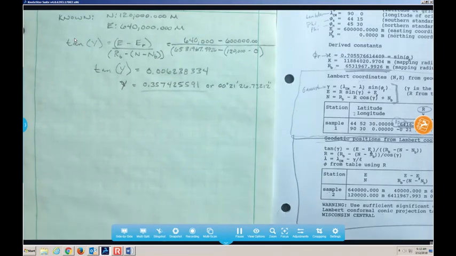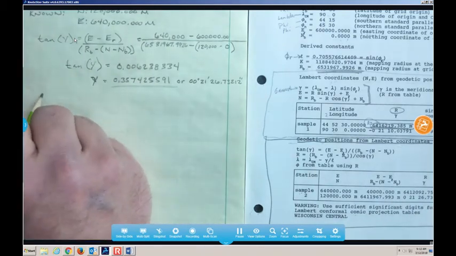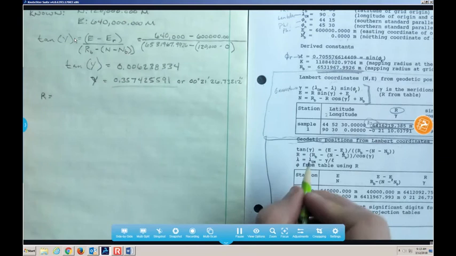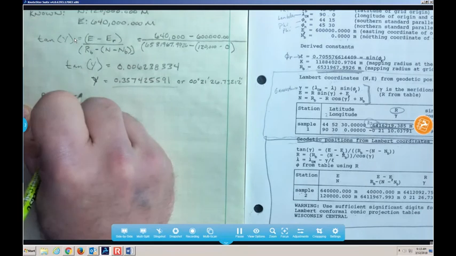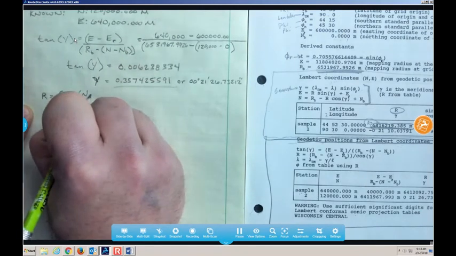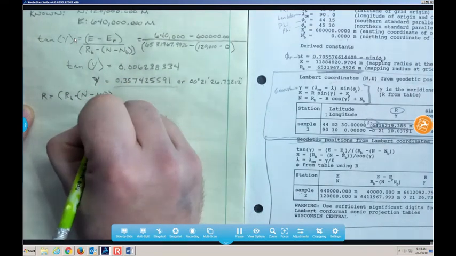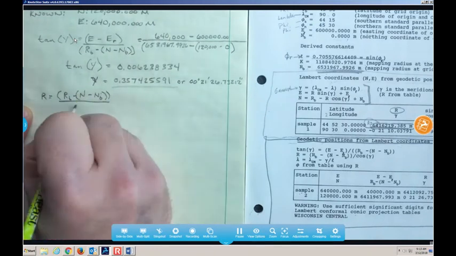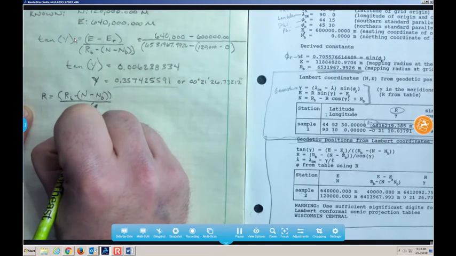Okay? Next step. Let's figure out R here, our radius. So R equals RB minus N minus NB over cosine of gamma.